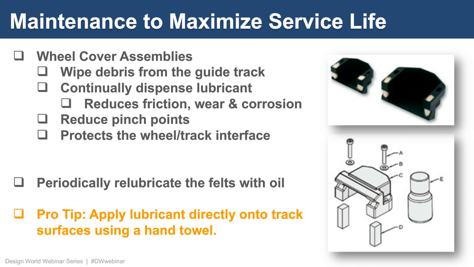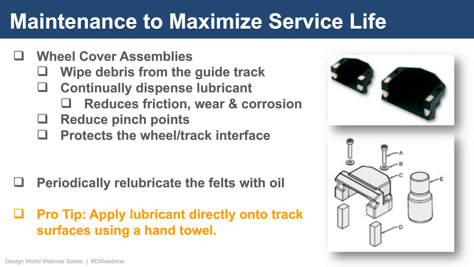The added benefit of these, though, is that a wheel cover reduces any pinch points at the wheel to track interface. With these lubricators and wheel covers, it's important to always periodically re-lubricate the felts with oil. You want to make sure that there's a light film there so that it can be of the most benefit.